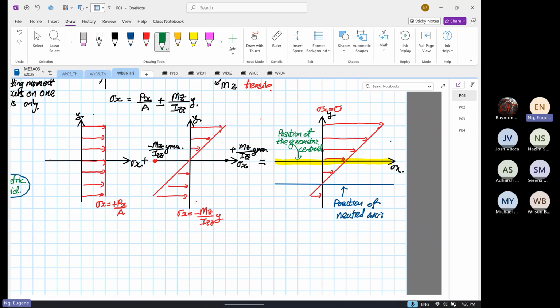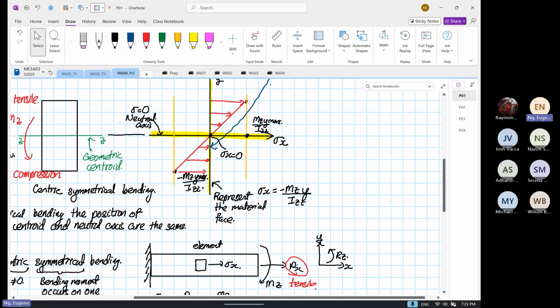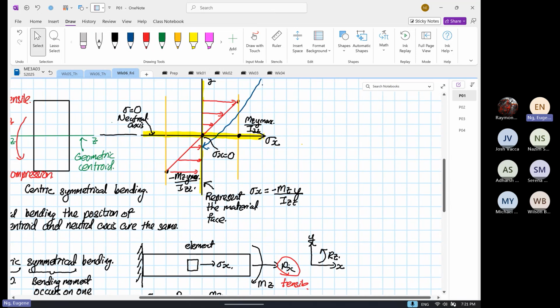So what I've shown you is that when it is under eccentric loading, there will be a shift of the neutral axis. Because before that, what we see is the neutral axis and the centroid position are the same.